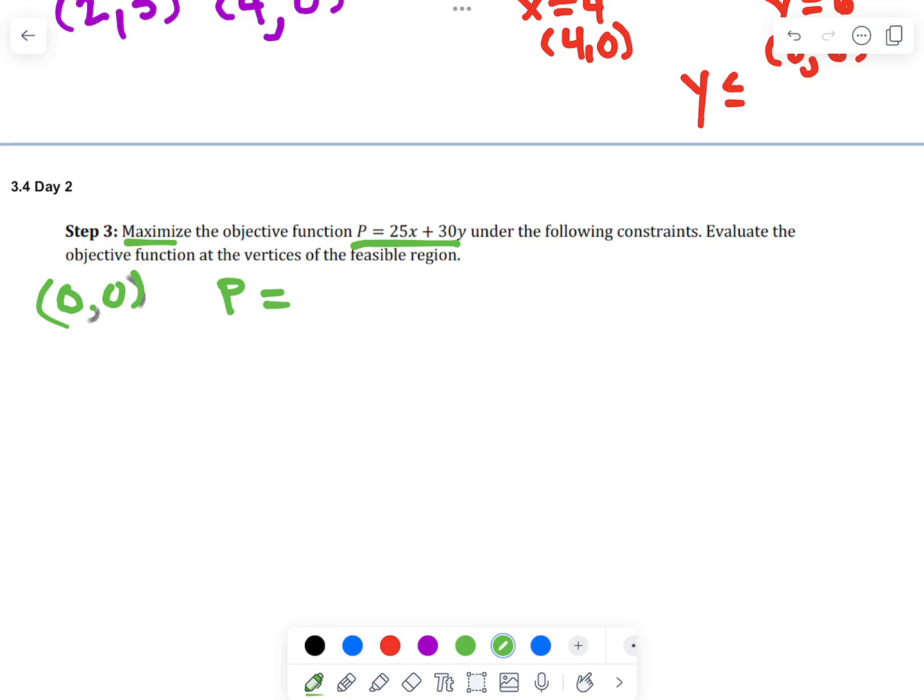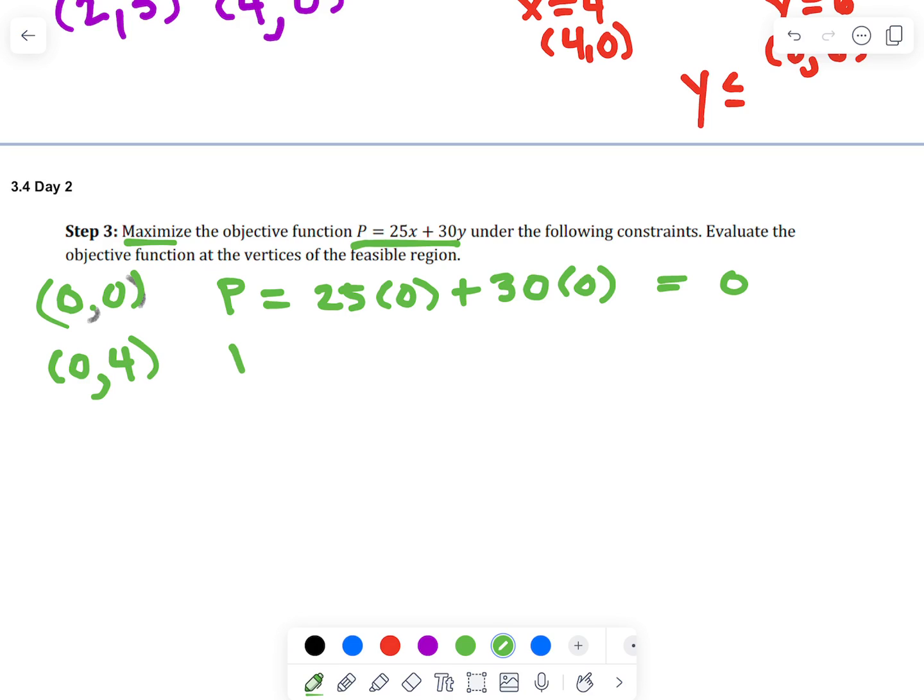When we substitute in for x and y, zero profit. Substitute 0, 4. 25 times 0, 30 times 4. And we get 120.